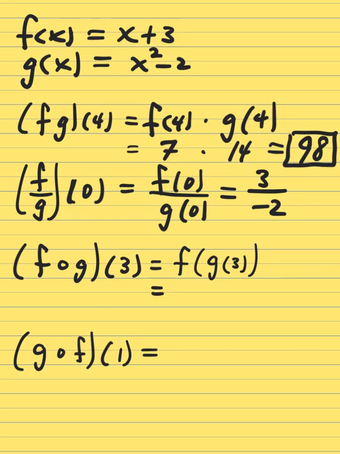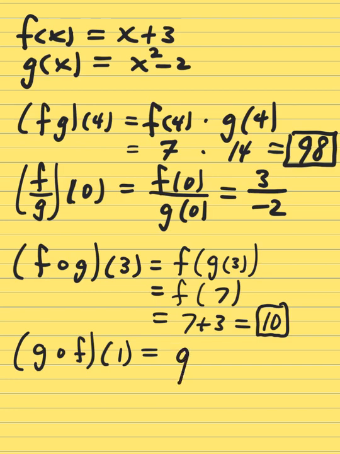So that's going to be g of 3, that's 3 squared minus 2. 9 minus 2 is 7. Now we go to function f. F is x plus 3, so f of 7 is 7 plus 3, which is 10. And that's our answer for this composition evaluated at 3.